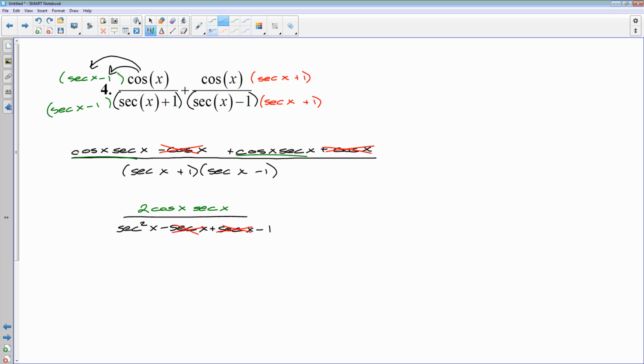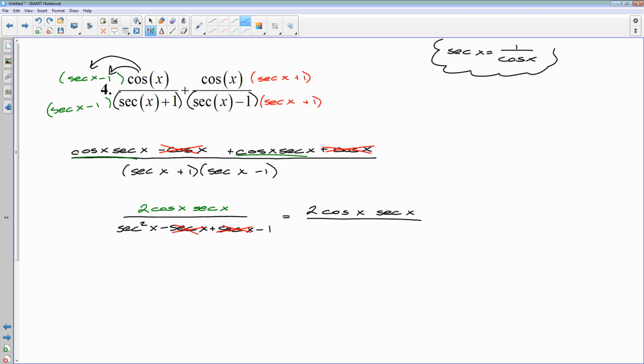Let's see, I'm going to play around with this. We still need to do some playing. 2 cosine x times secant x over, you know what, cosine and secant, I know that secant x is the reciprocal of cosine, right? I'm going to use that property right here.